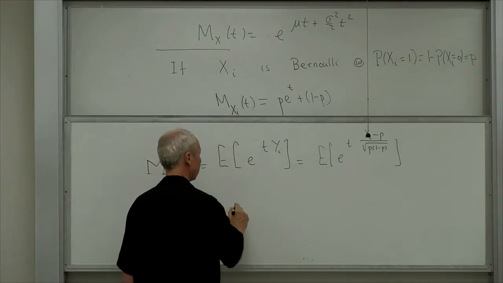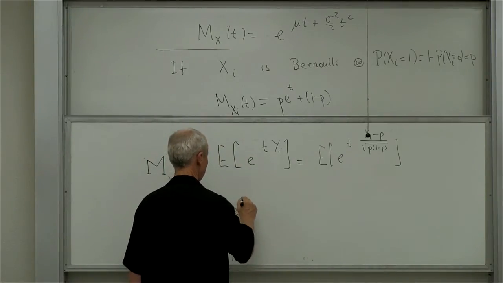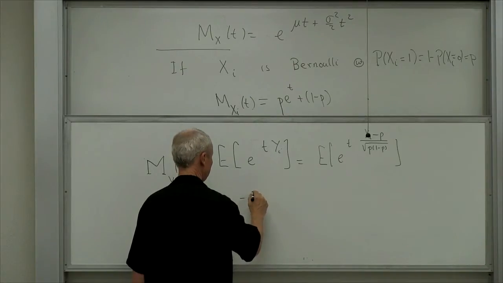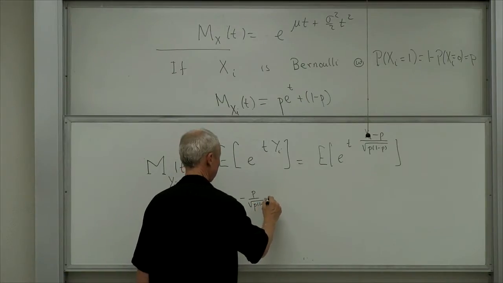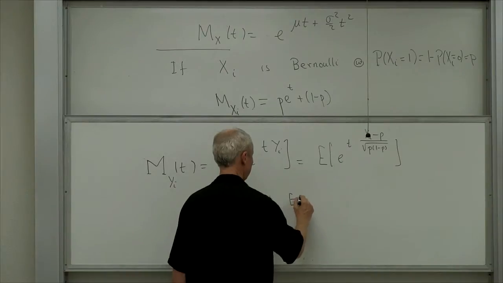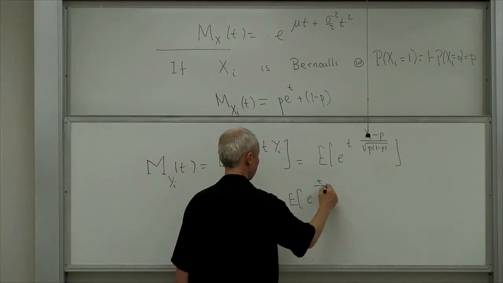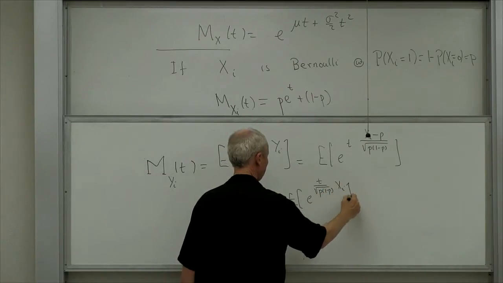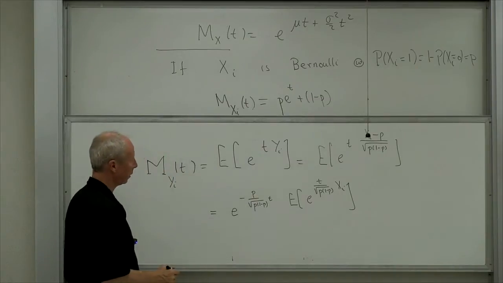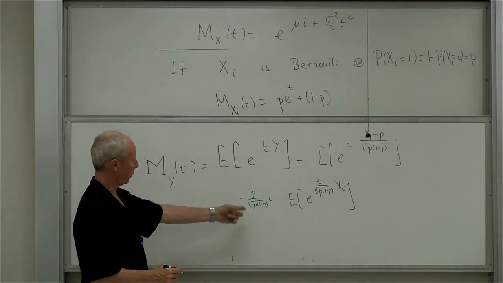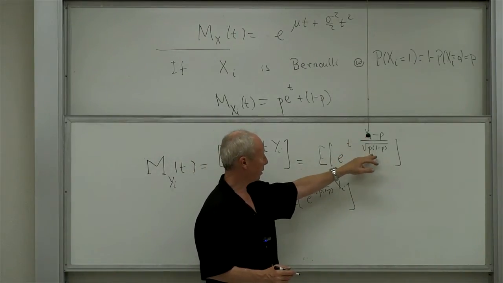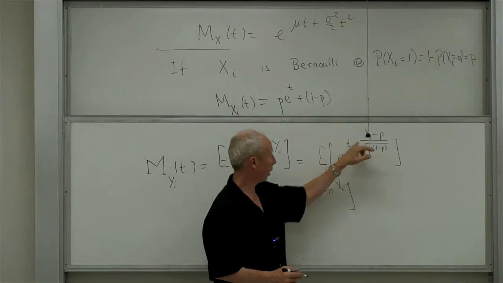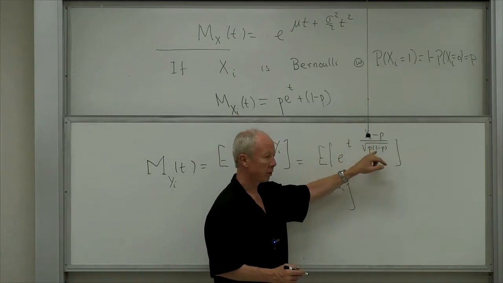And now I think that is equal to this because I break this exponential up into e to the t times Xi over this, and then e to the t times minus p over this.